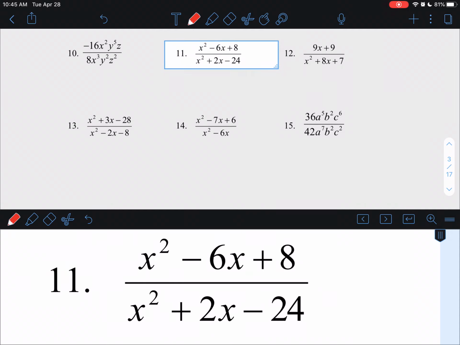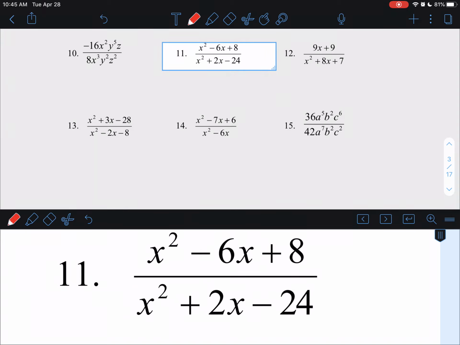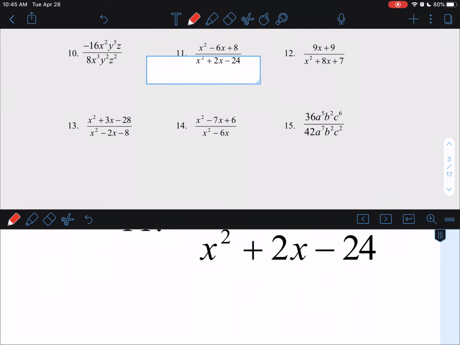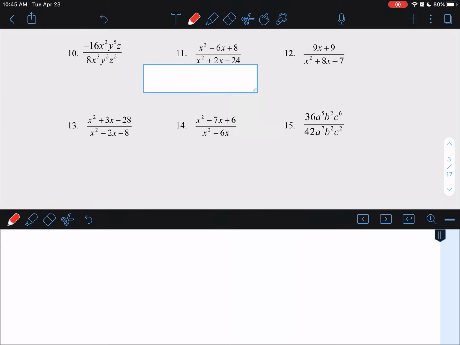Okay, so number 11, we got x squared minus 6x plus 8 over x squared plus 2x minus 24. So first, both of these are quadratics, and both need to be factored. So the first one, I need two numbers that multiply to be 8 but add to be negative 6.